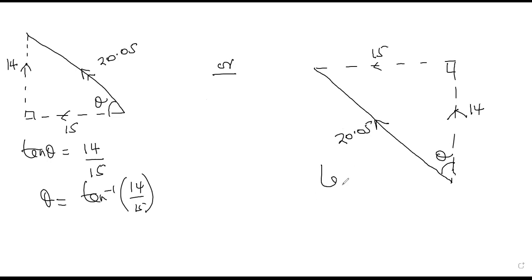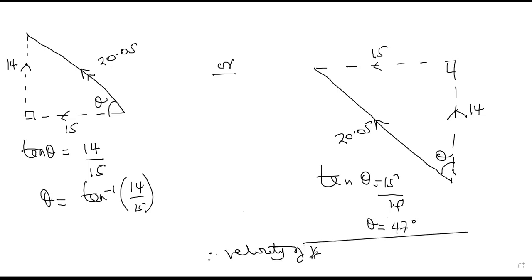Here tan theta would equal 15 over 14, and you get your theta as 47.